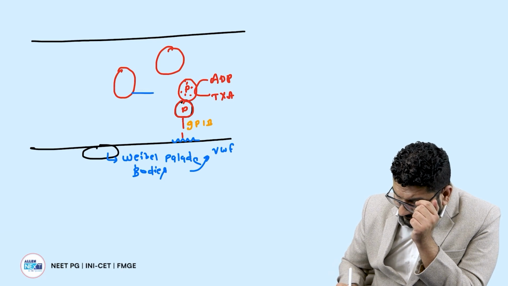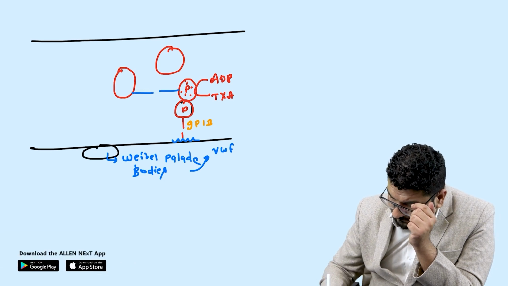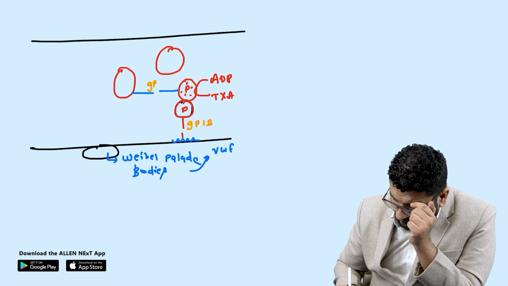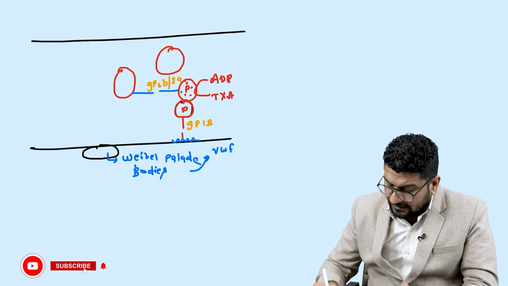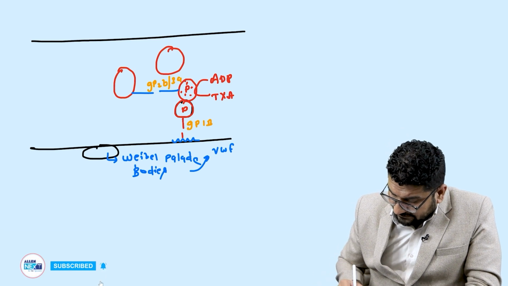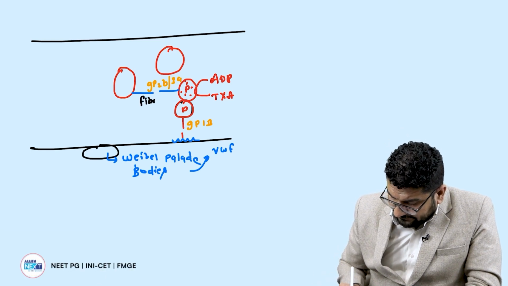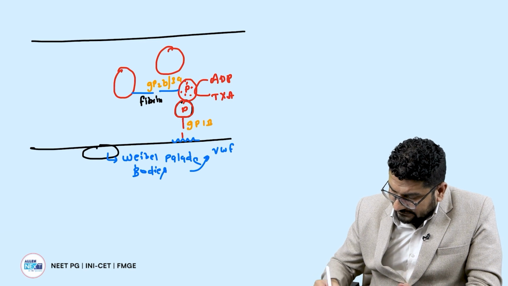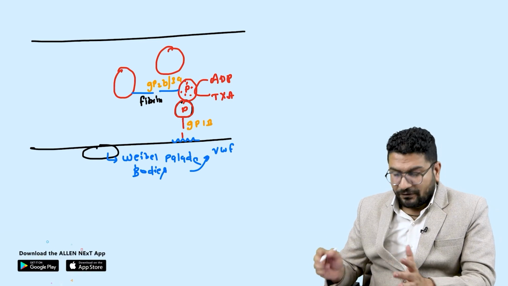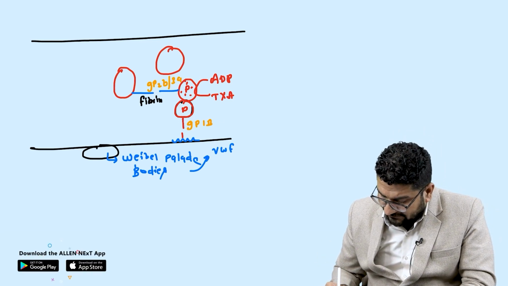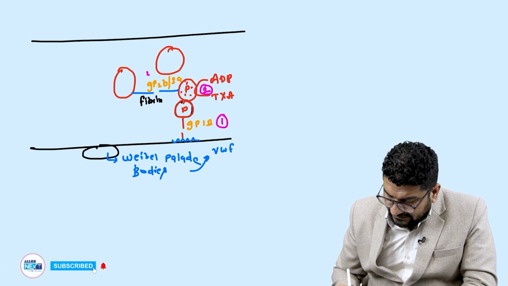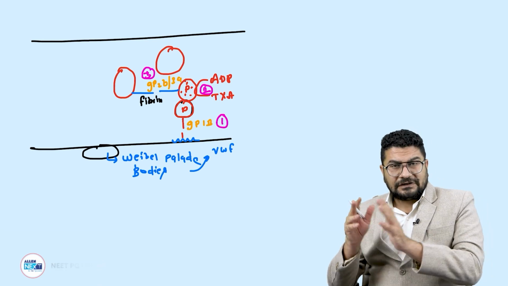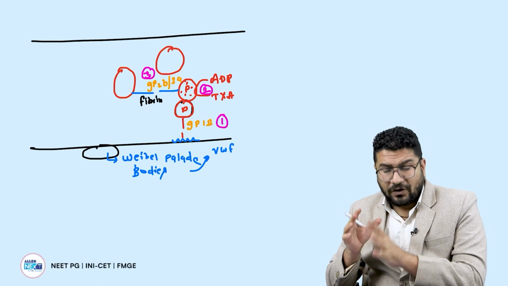They join together with the help of a protein called GP2B3A. Here we also need fibrin to provide some stability. I think most of you know this; I am just telling you to recall it. We have adhesion, then degranulation, and third, platelet aggregation. This is how a weak platelet plug is formed.